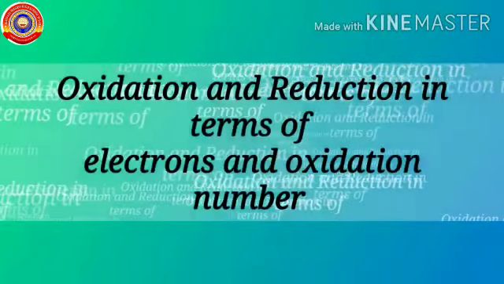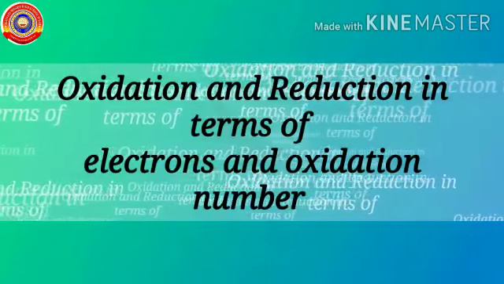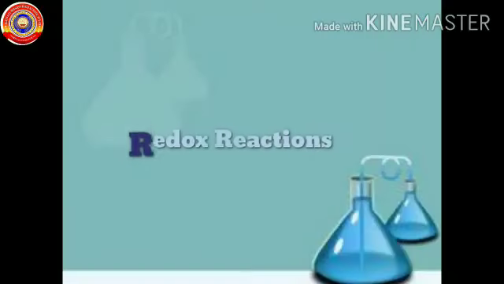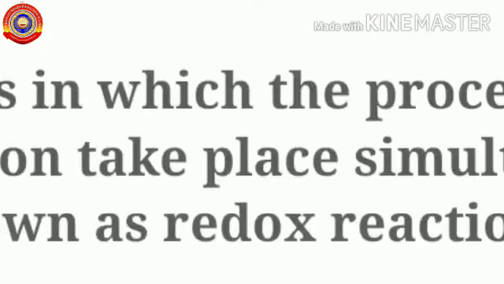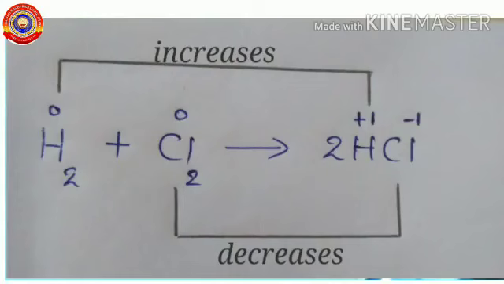Students, now you learnt about oxidation and reduction in terms of electrons and oxidation number. Now let's learn about redox reactions. What are redox reactions? The reactions involving the processes of oxidation and reduction which take place simultaneously are called redox reactions. For example, the reaction of hydrogen with chlorine to form hydrogen chloride.